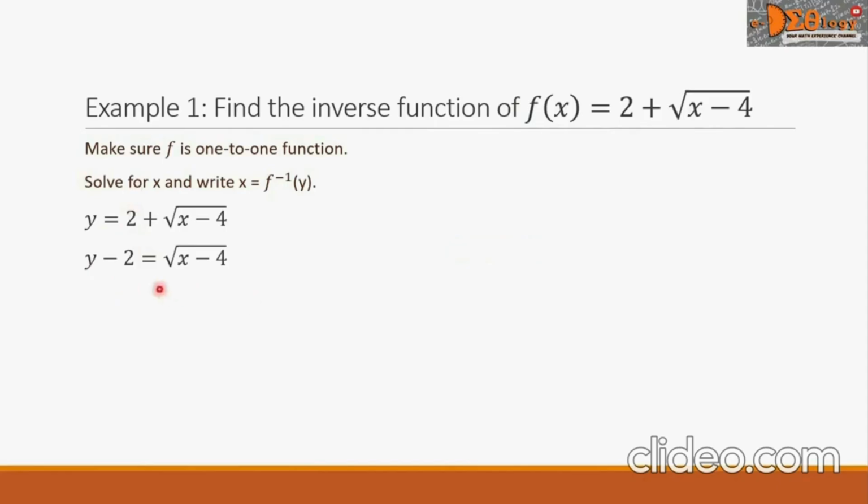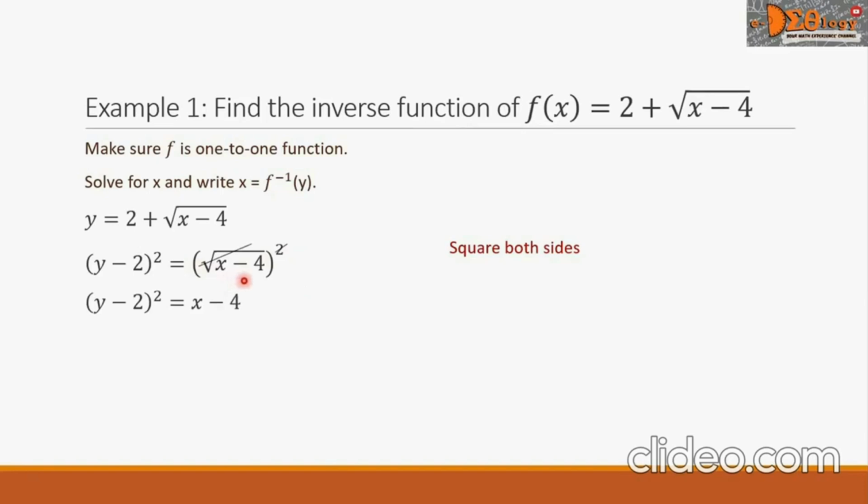And then we want to remove the radical sign. So we will square both sides of the equation. If we do that, the radical sign and the power 2 cancel each other. Only the x minus 4 comes down here.